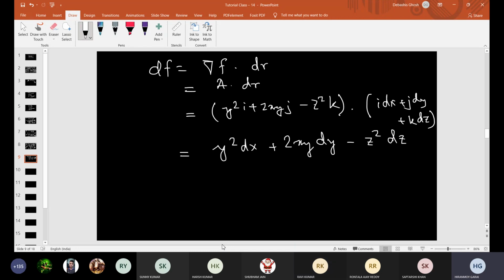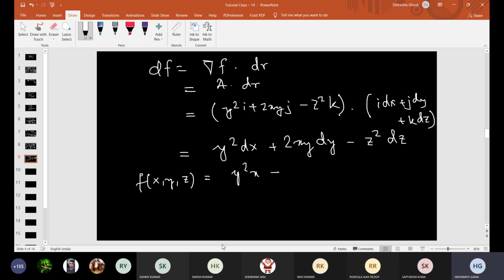So now we simply integrate. On integration, that gives you f of x, y, z. When we are integrating this term, we consider y as a constant, so that gives you y square x.